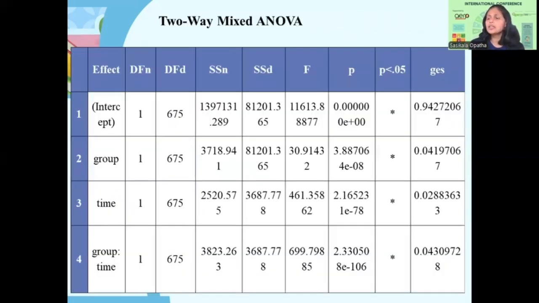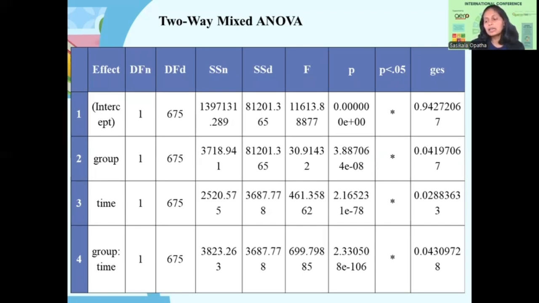And then a two-way mixed ANOVA was done for group effect, time effect, and also the interaction effect of group and time. The analysis revealed statistically significant effects. You can see here p-values less than 0.001 for all the factors.